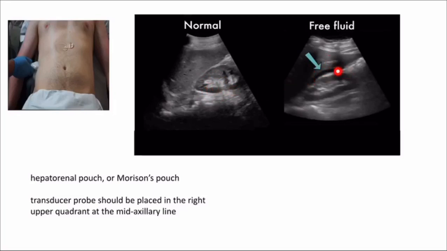This is an example of a free fluid collection, an anechoic area insinuating in the hepatorenal angle, which is an abnormal fluid collection and constitutes a positive FAST examination.